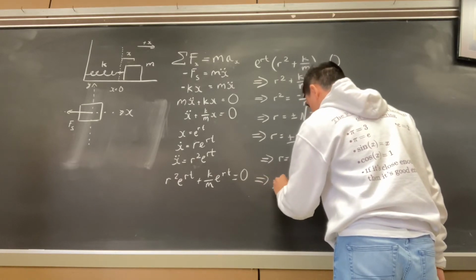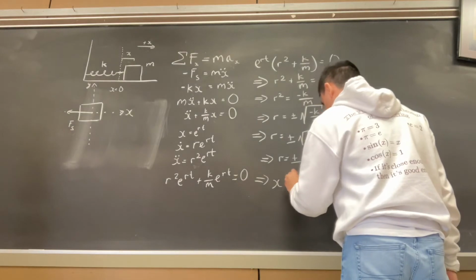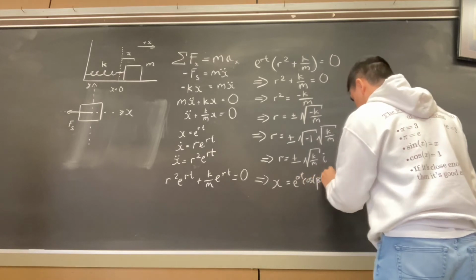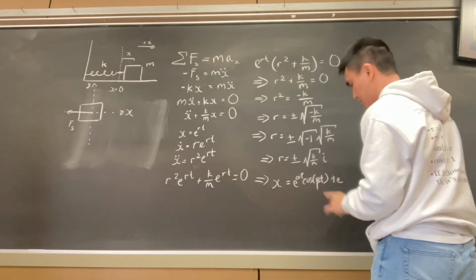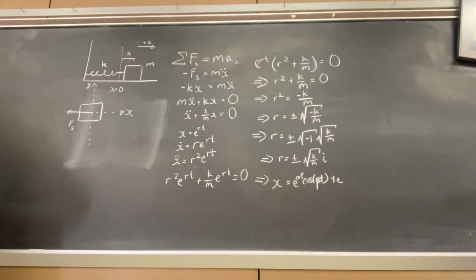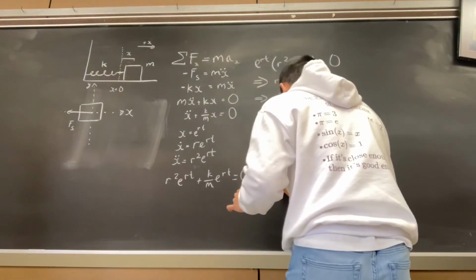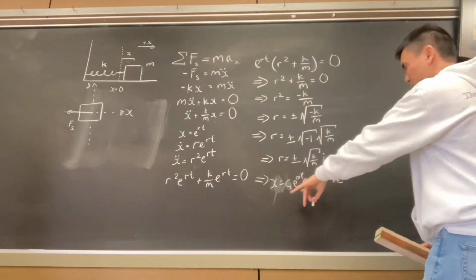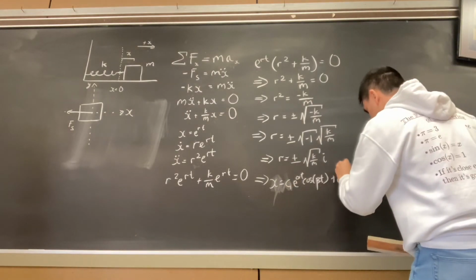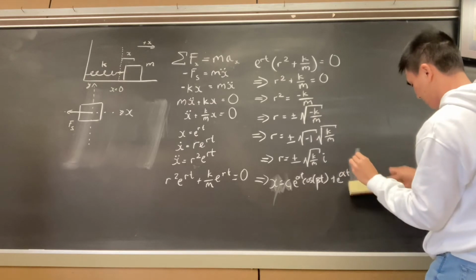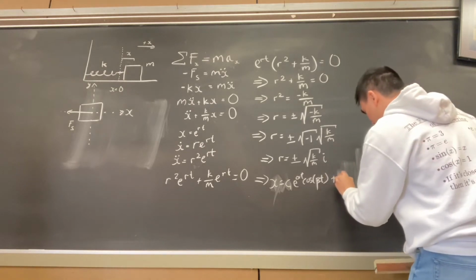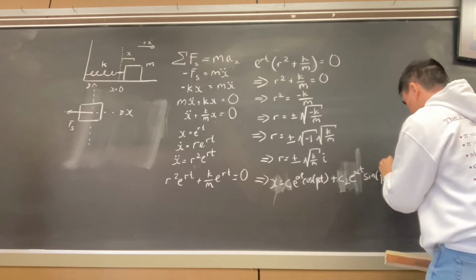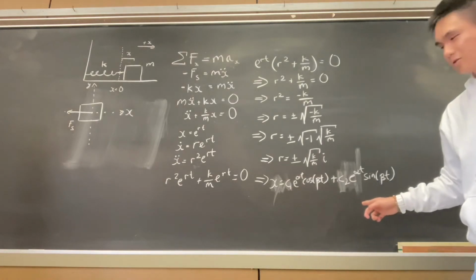x is equal to c1, some arbitrary constant, times e to the alpha t cosine of beta t, plus c2, another arbitrary constant, times e to the alpha t sine of beta t, where c1 and c2 are arbitrary constants.